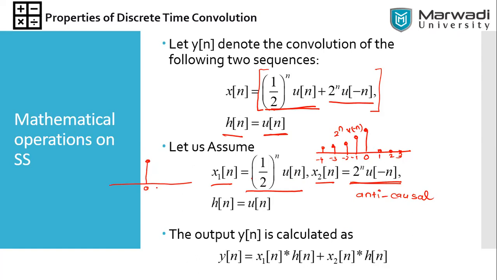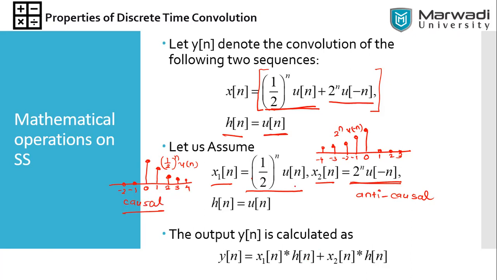Whereas this one is only defined for positive n: 0, 1, 2, 3, 4. This is 1 by 2 raised to n u of n. For negative values, it is 0. We call this a causal sequence.